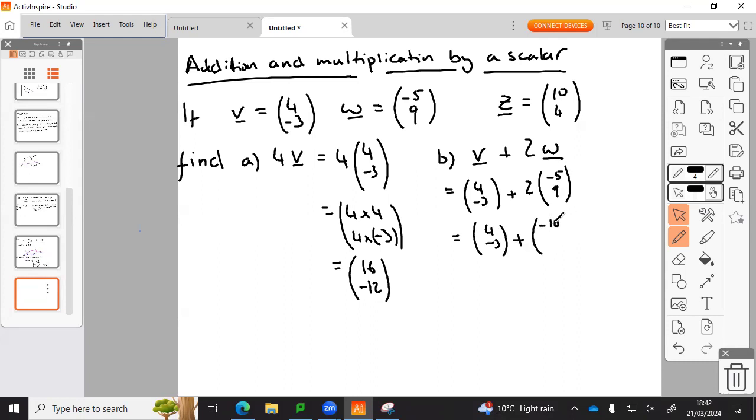Multiplying those terms in there, and 2, get that. And then you're bringing those terms together. 4 minus 10 would be -6. -3 plus 15 would be +15. Expressing that in component form would be -6, 15.